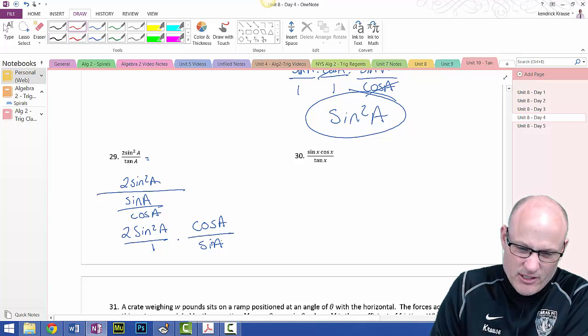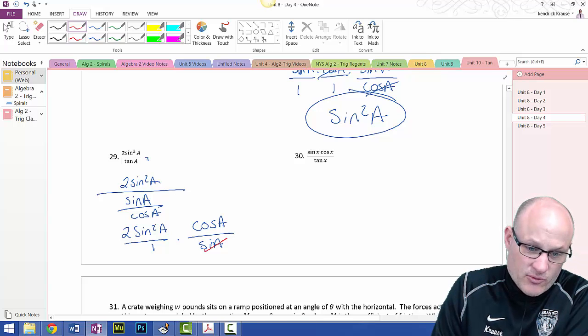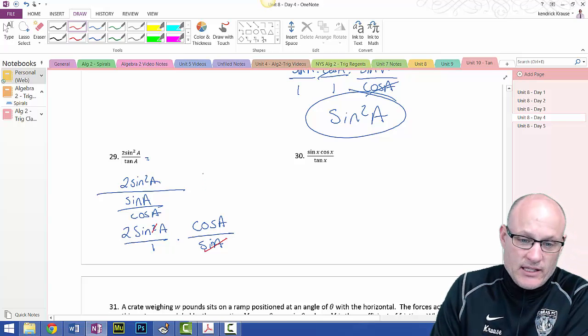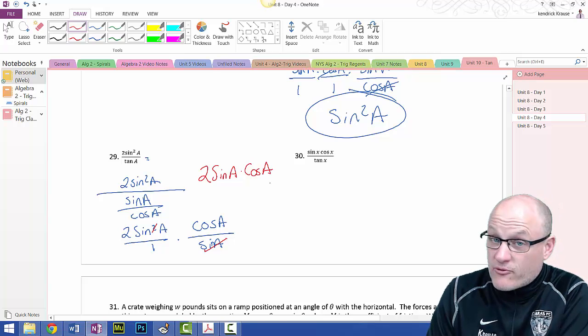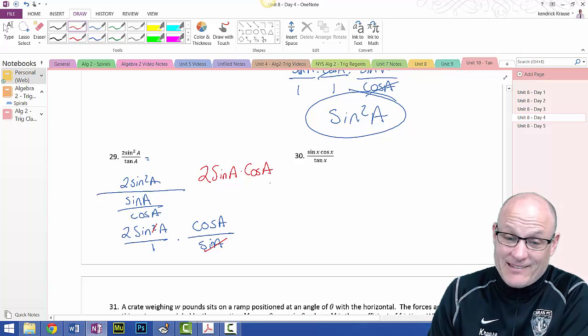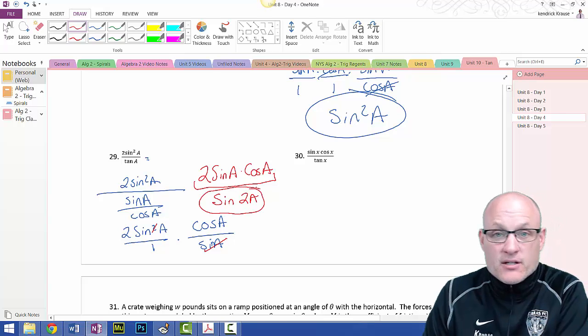Wait a second, though, that one cancels with this one. Well, that leaves me 2 sine A times cosine A, but I was supposed to do it as just one function or one constant. So there's got to be something to this. And if you remember correctly, this is really just sine 2A, and that's your answer. That's why I want to do that.